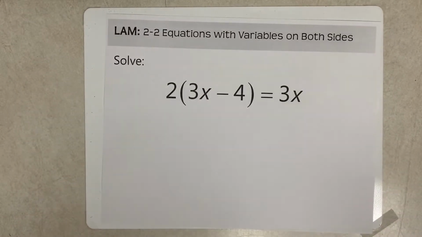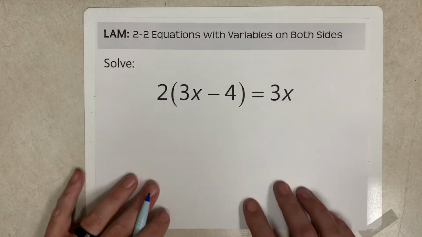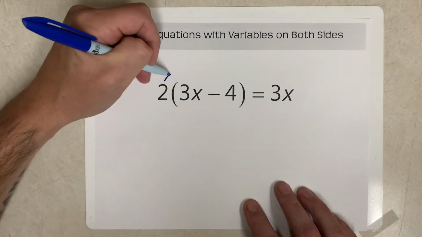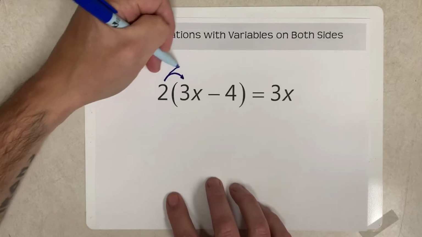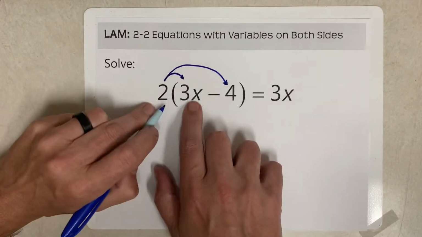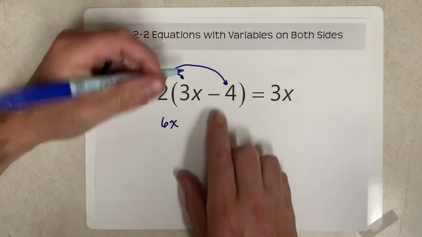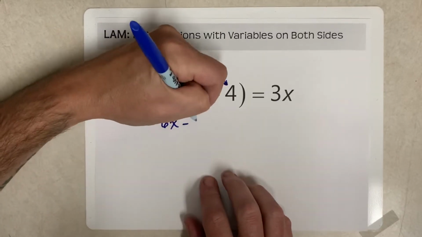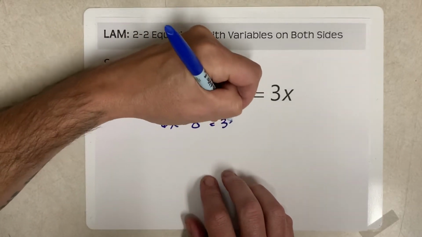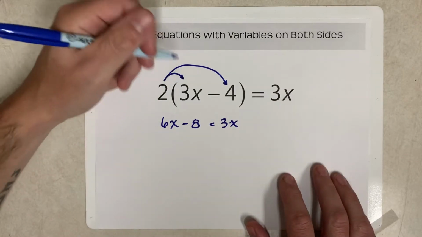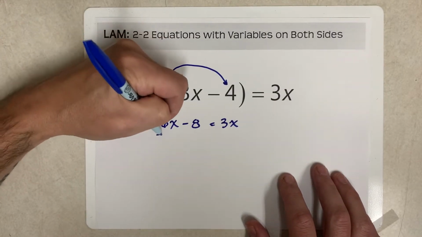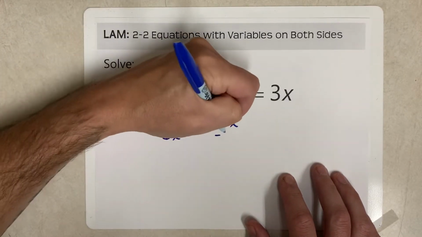Okay, this one, before I start moving anything around, I need to distribute this 2 and get rid of parentheses. So it looks like I'm going to have 6x minus 8 is equal to 3x. All right, I'm going to subtract 6x on both sides to see what happens.